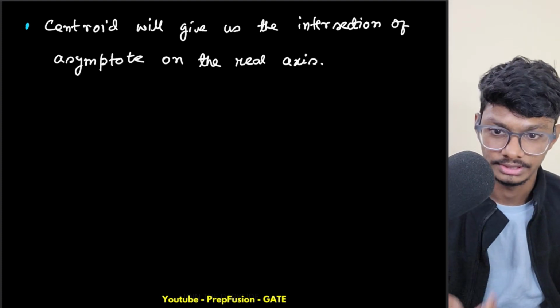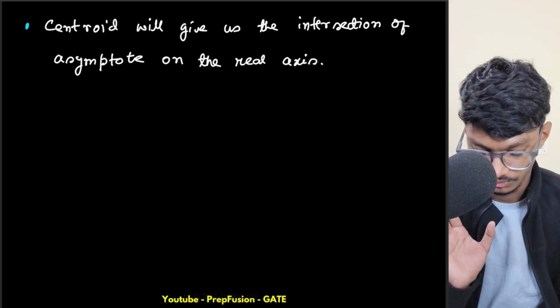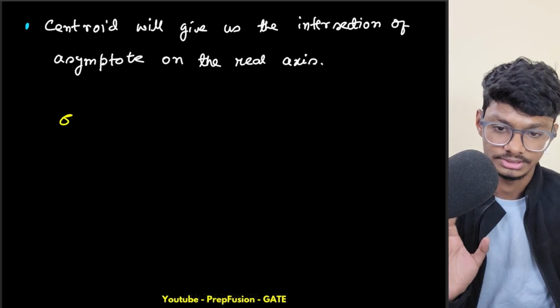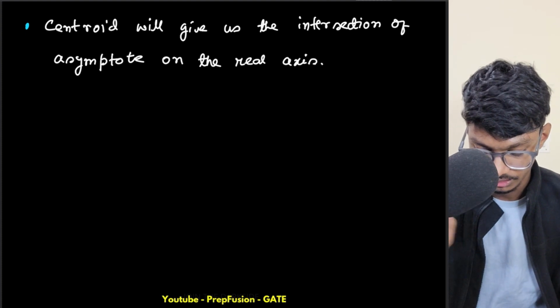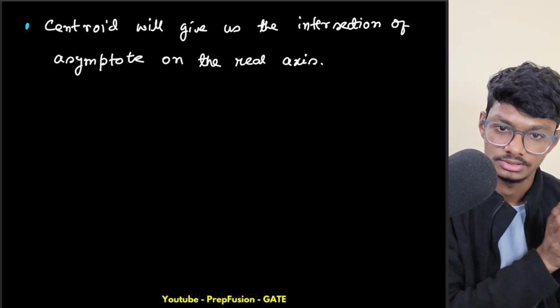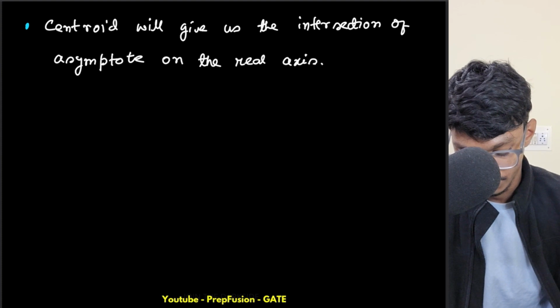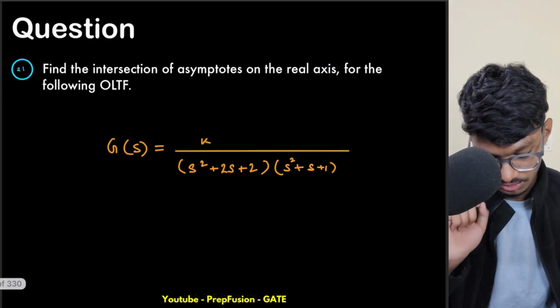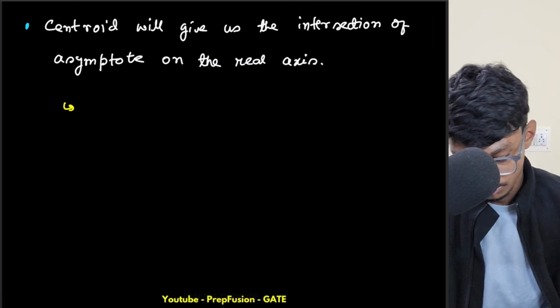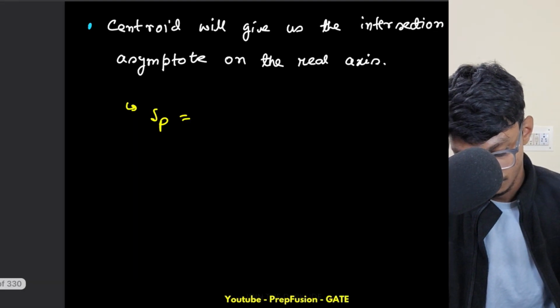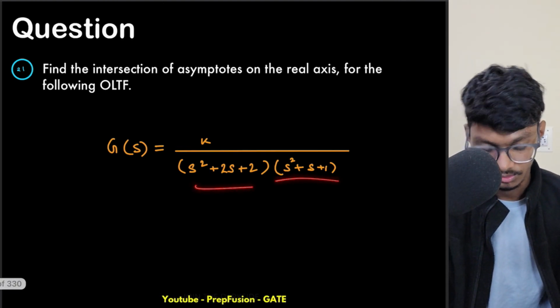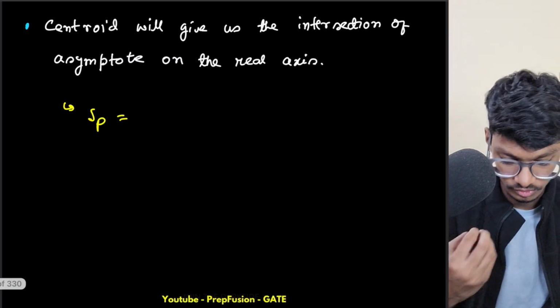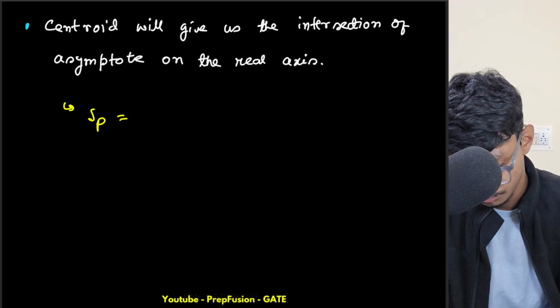So what is my sigma c? For that we have to find the location of poles and zeros. So where are the poles? Here we have only poles, this one and this one, both of which we don't know. So we have to solve this too. So how to solve this too?